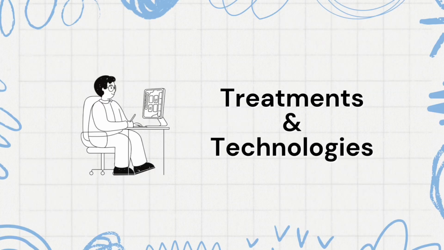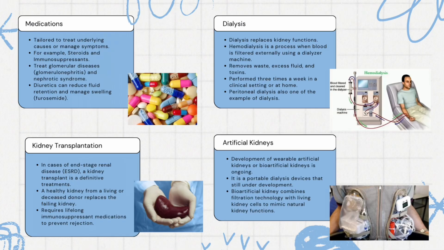I believe that with every sickness, there is a cure. Hence, let's look into the treatments and technologies. In this modern era, there are lots of treatments and technologies we can use to treat kidney diseases. However, I will only talk about medication, dialysis, kidney transplantation, and artificial kidneys.